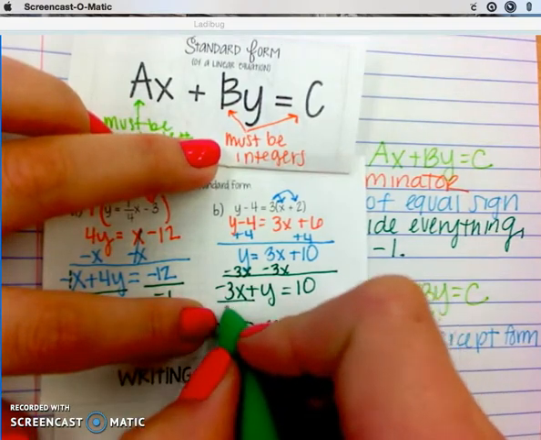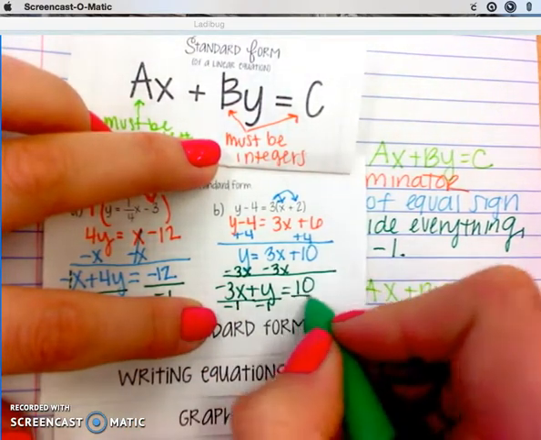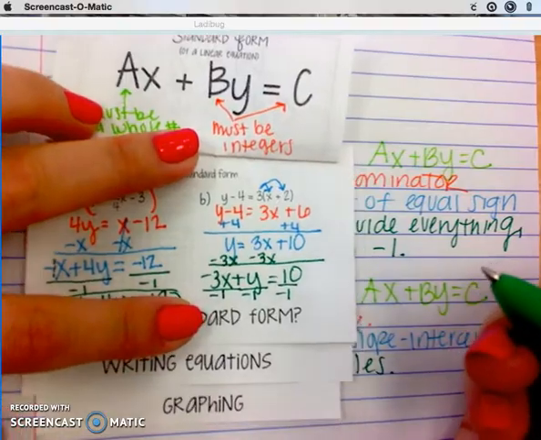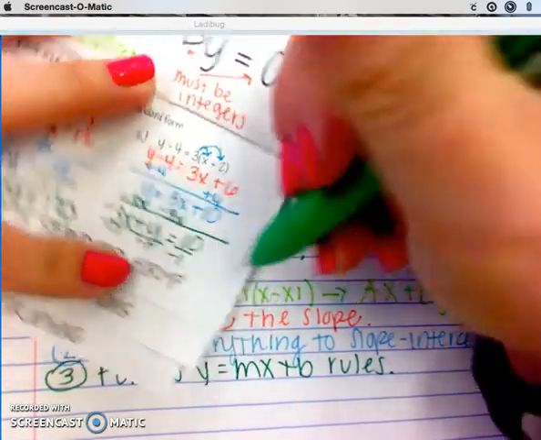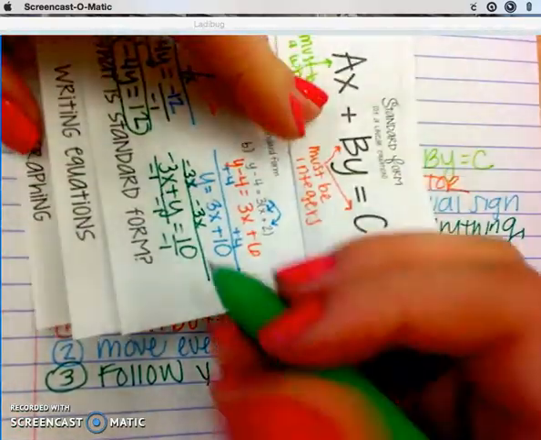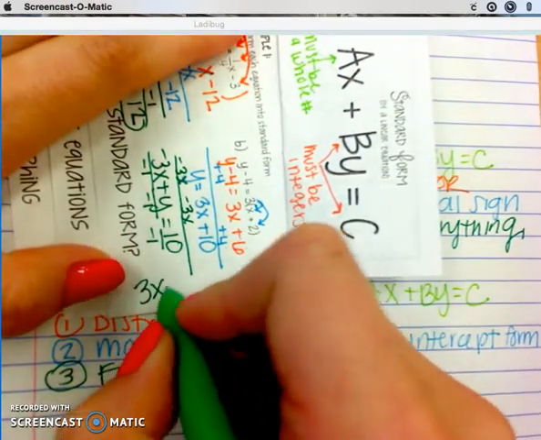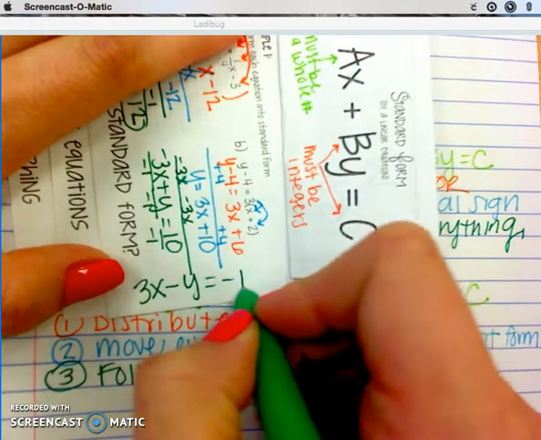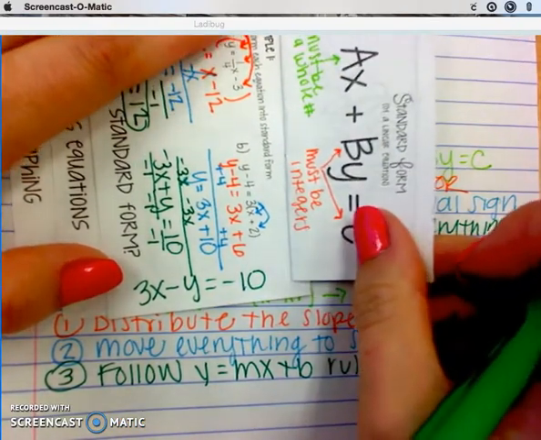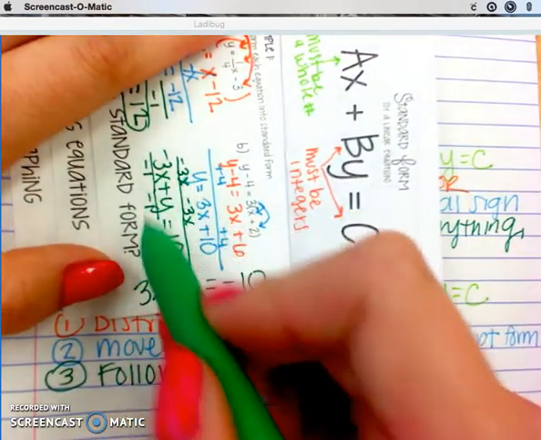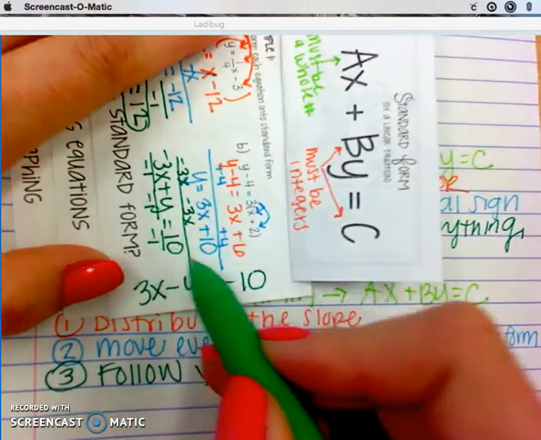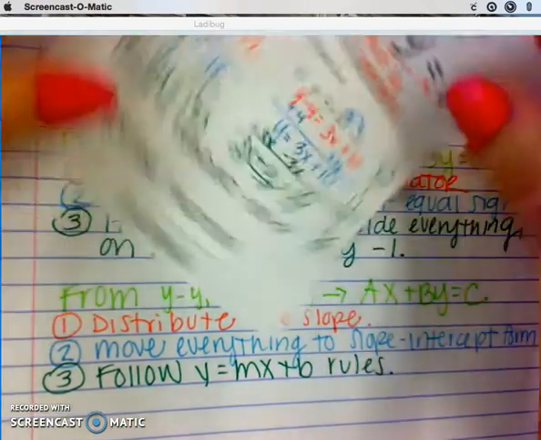I got to divide out the -1. So I'm going to write it up here. I have 3x minus y equals -10. This negative canceled out, this made it a negative, and that made the 10 a negative.